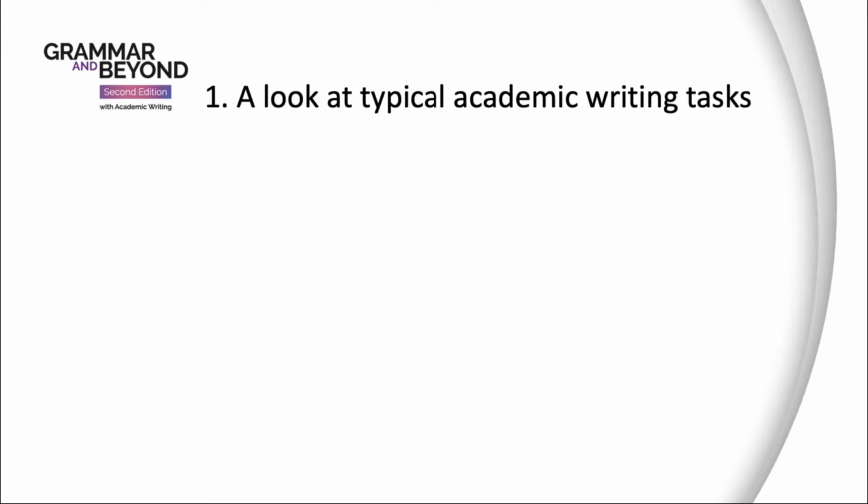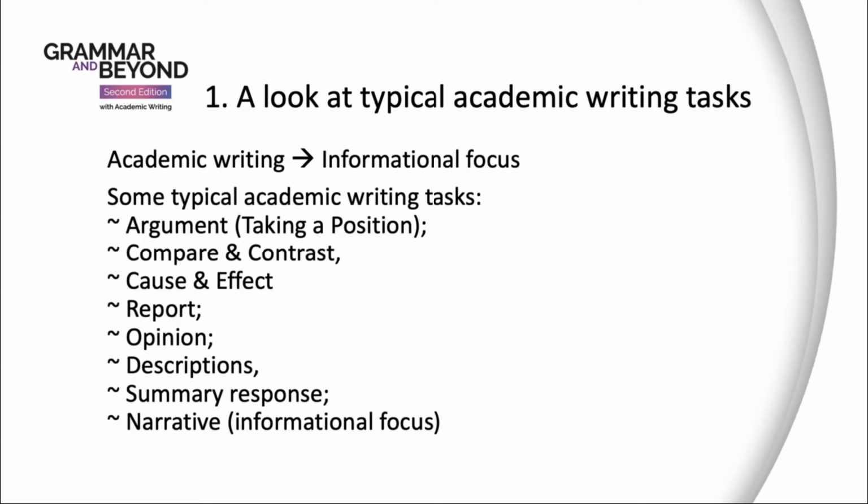Let's begin with a look at typical academic writing tasks. Academic writing, regardless of the task, is going to have an informational focus. But that informational focus can be organized in several different ways. And here are some of the typical tasks in which academic writing organizes information. So we have arguments, taking a position, not just arguing with someone.